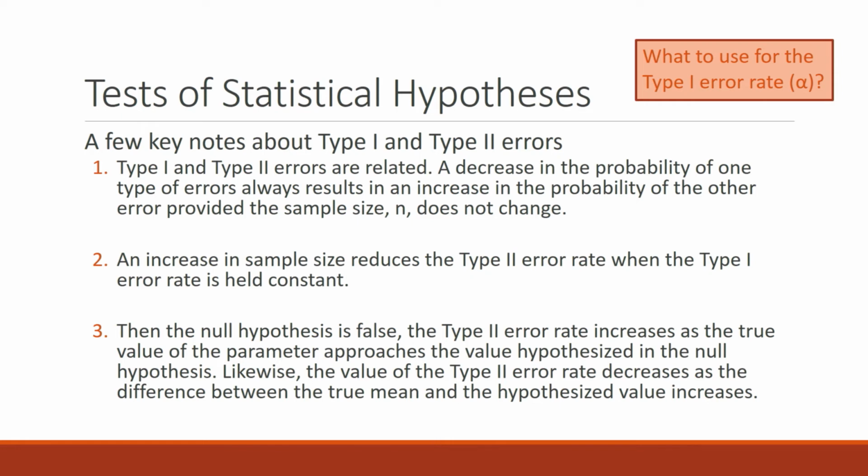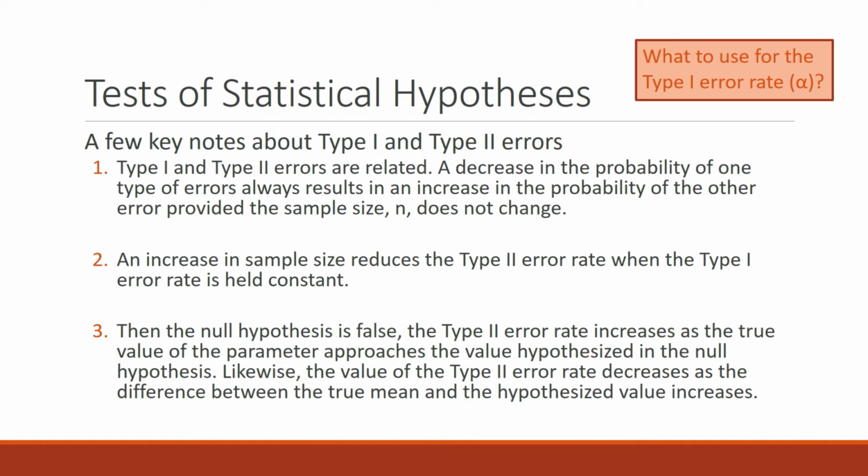If the null hypothesis is false, then the type 2 error rate increases as the true value of the parameter approaches the hypothesized value in the null hypothesis. Likewise, the value of a type 2 error decreases as the difference between the true mean and the hypothesized value increases.